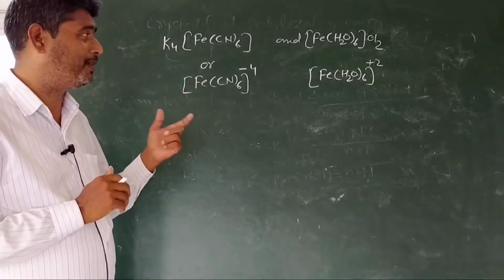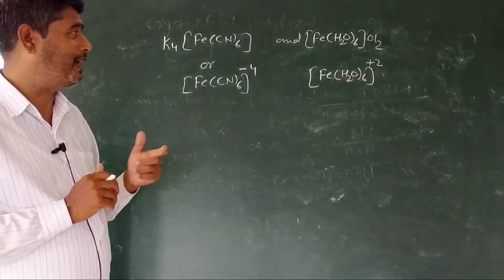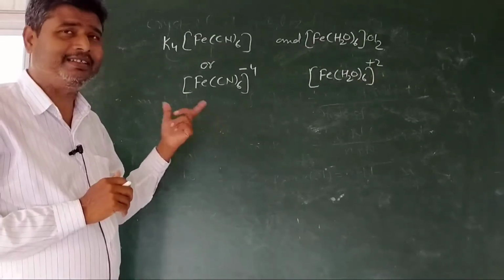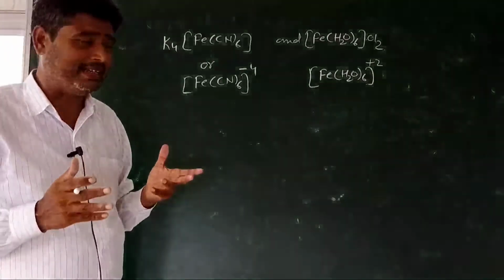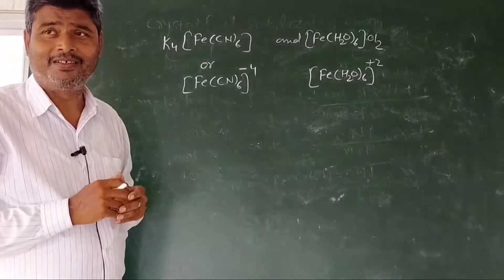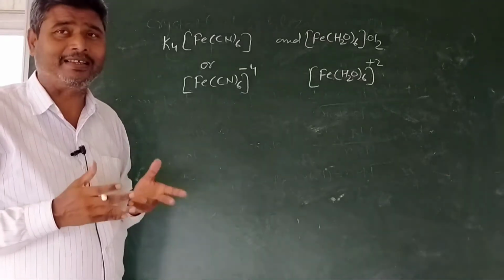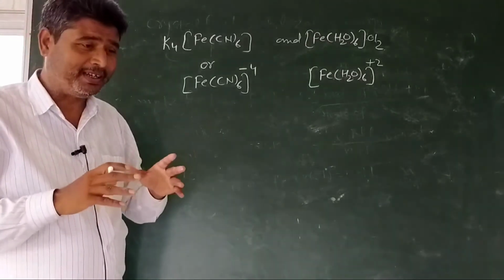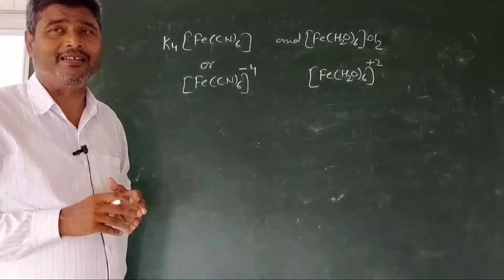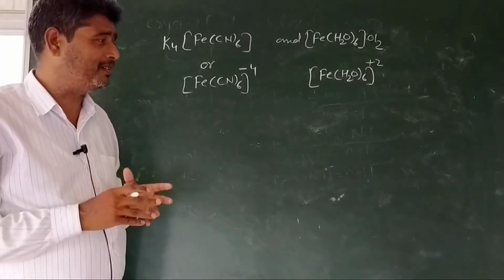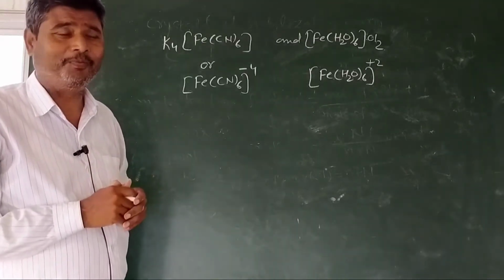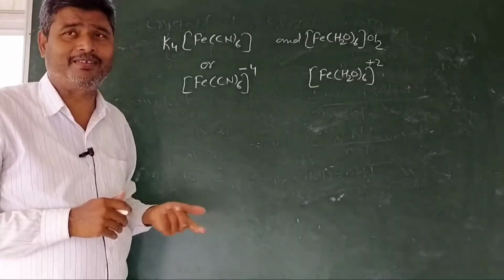For this purpose we have to check the oxidation state and the coordination number. Without the coordination number we will not find whether the complex is octahedral or tetrahedral. Both are included in our syllabus.